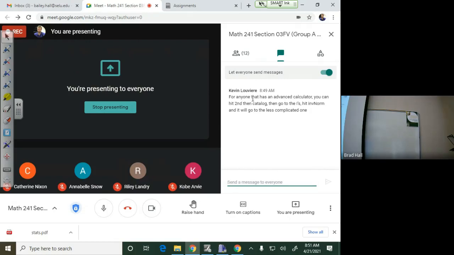Instead of scrolling all the way down to inverse norm, you would press alpha, I believe, and just the letter I. Oh yeah, it does work. And then it just brings you to the I's, and then you can scroll down to inverse norm. That is so you can do it the way I have it. Instead of it saying area, mean, standard deviation, just click inverse norm.